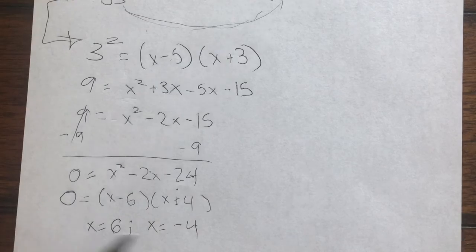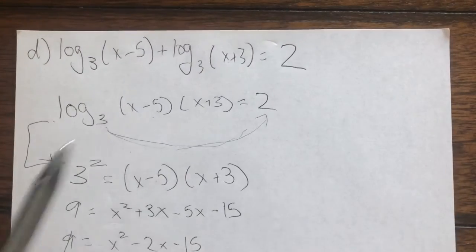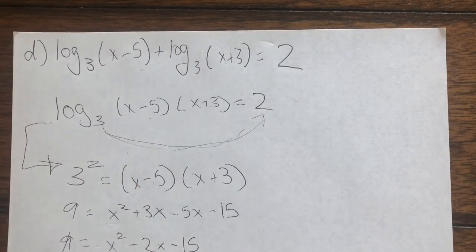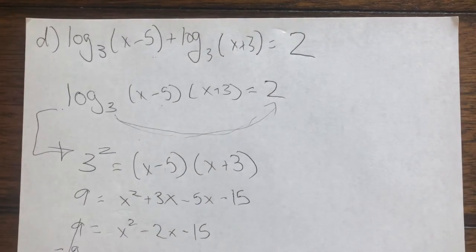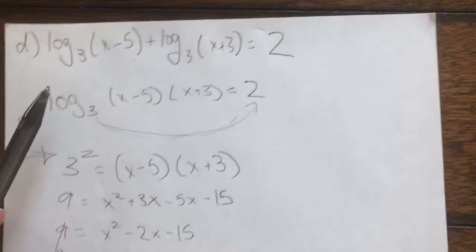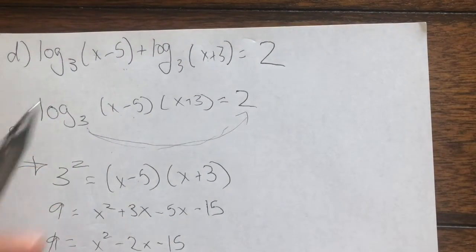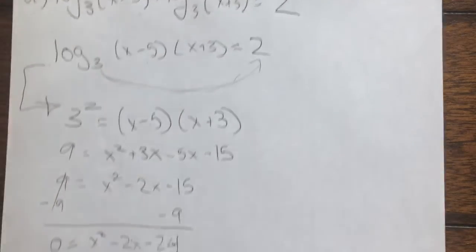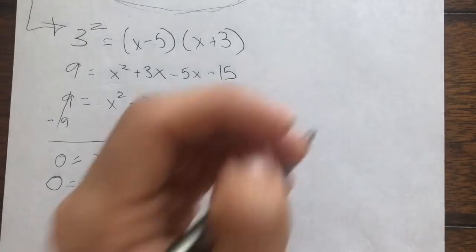So I have two solutions for this one, but only one actually works and the other one doesn't, which makes it an extraneous solution. So I'm going to see which one works by plugging 6 and negative 4 into the original function, just for double checking.